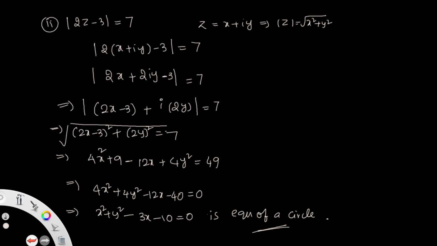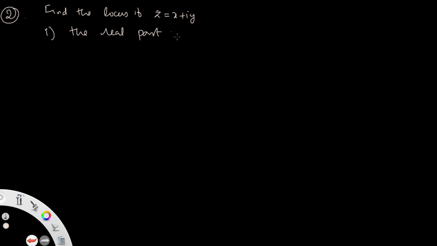Next, the second bit, Roman numeral two: find the locus if z equal to x plus iy. First question in this bit: the real part of (z plus 1) by (z plus i) is 1.